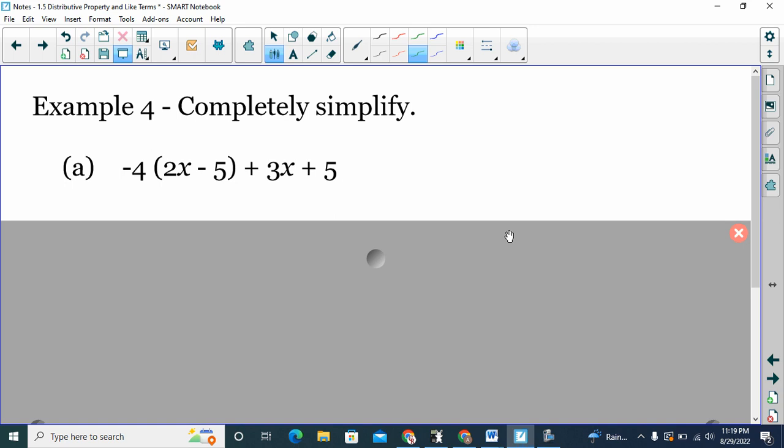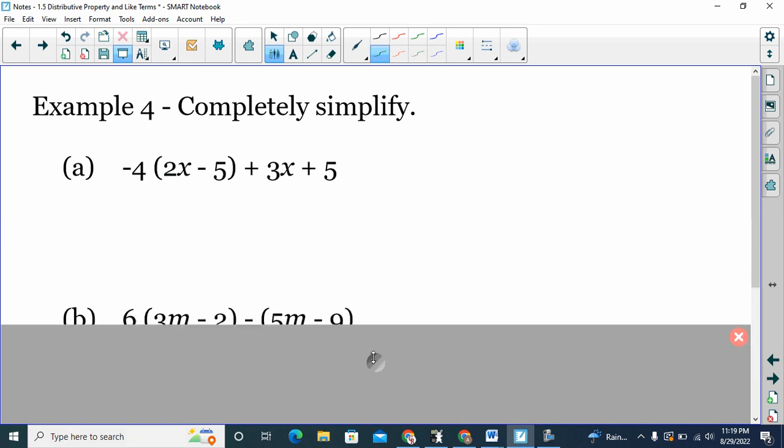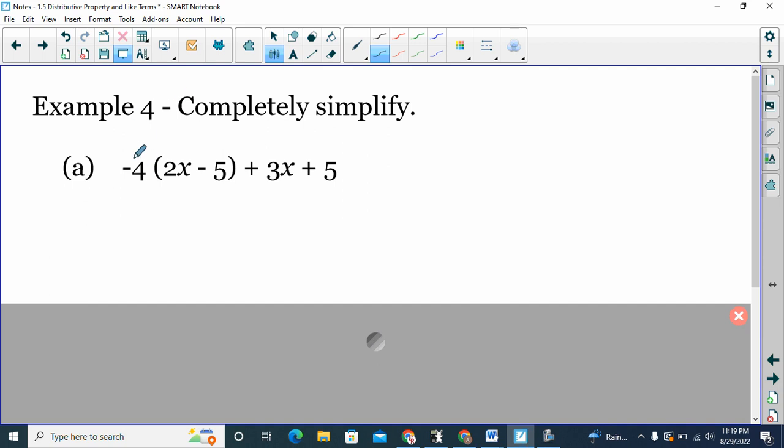And we need to completely simplify. The first thing we should recognize is we've got a number out in front of a parenthesis. When that's the case, we can use the distributive property. So I'm distributing this negative 4.